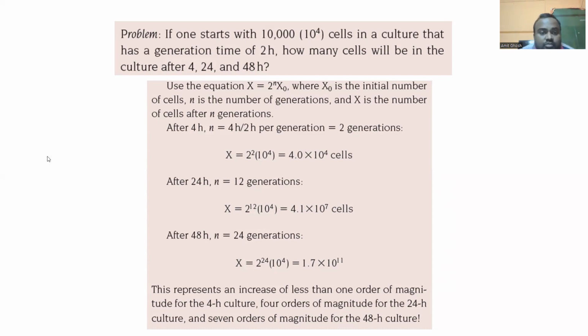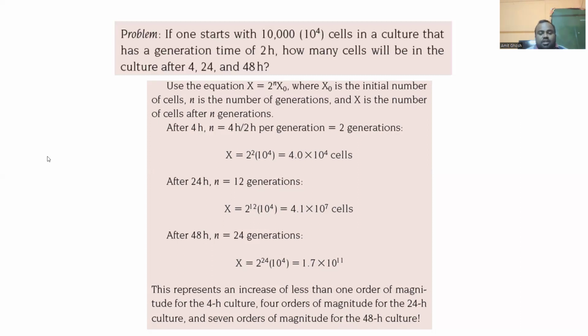So look at the question again. If we start with 10 to the power 4 cells in a culture that has a generation time of 2 hours, how many cells will be in the culture after 4 hours, 24 hours, 48 hours? By using the formula Nt is equal to 2 to the power n into N0, we have found that after 4 hours, the cell number will be 4 into 10 to the power 4 cells.